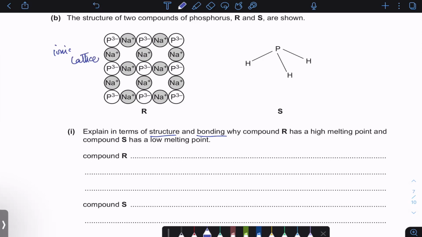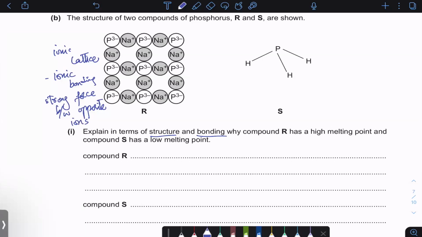What is the bonding? It is strong ionic forces of attraction. वो तो हर bonding में होती है. Every bonding has strong force of attraction. But we need to specify what bonding it is. So it is ionic bonding, या आप लिख सकते हो strong force of attraction between ions, opposite ions. ठीक है? So you have to be more specific.